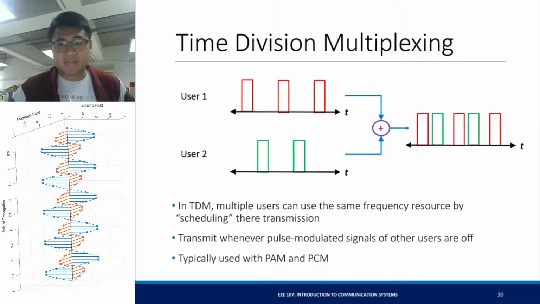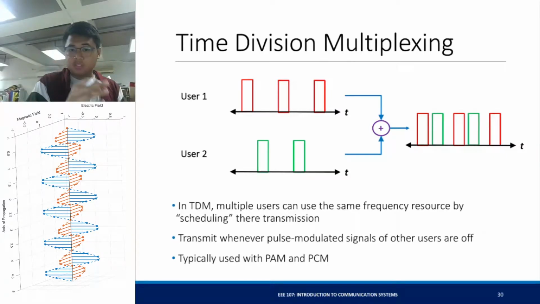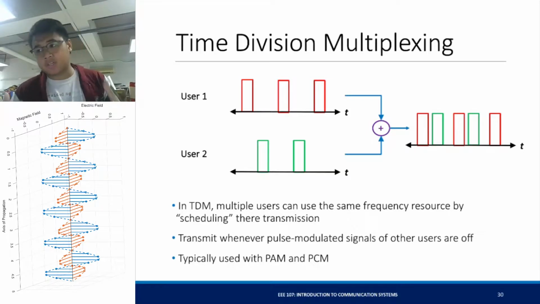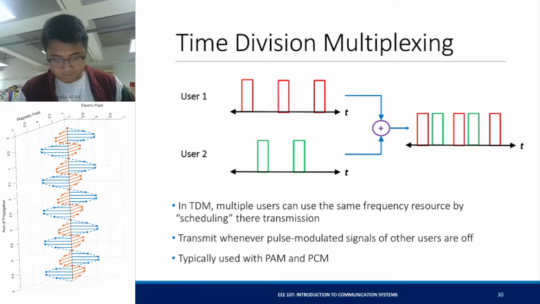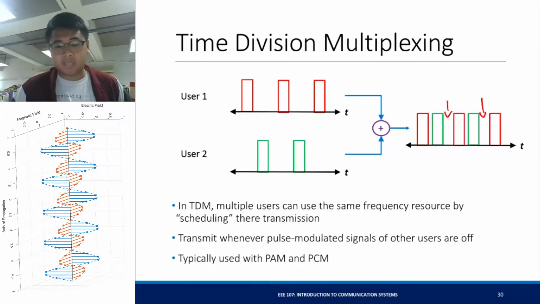Time division multiplexing uses the spaces in time. You fit a lot of pulses over a period in time such that your first user will not interfere with the second user. So this is typically used in pulse amplitude modulation. As you can see, we can fit pulses as long as there are spaces in our time domain, basically.